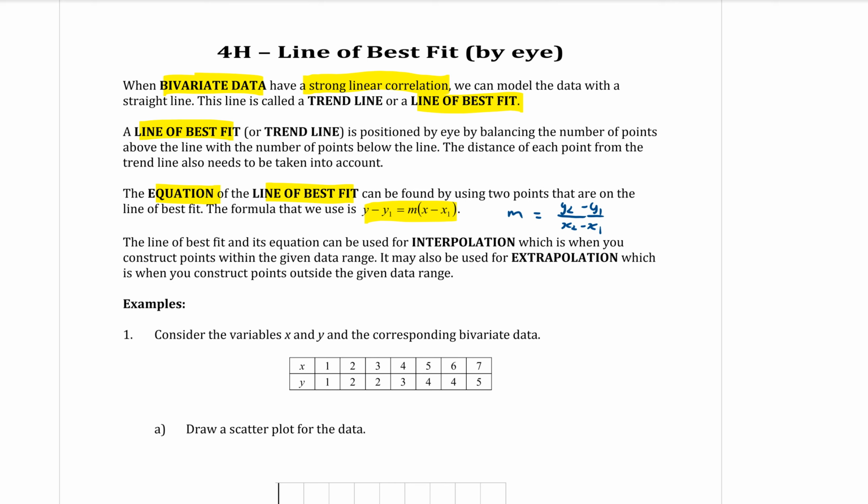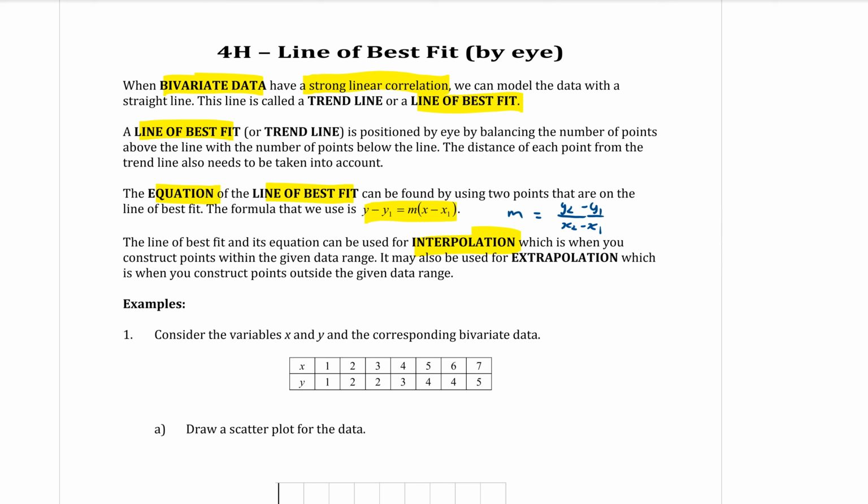Then, the whole purpose of this is that we want to be able to get some information. And there are a couple of fancy words here. If you do your line of best fit and you get the equation, and you're trying to find a result that is in the data range, so like if you look in here, my x values are between 1 and 7, anything between those values that's inside my data range is called interpolation, because I'm looking inside my data set to estimate a result.